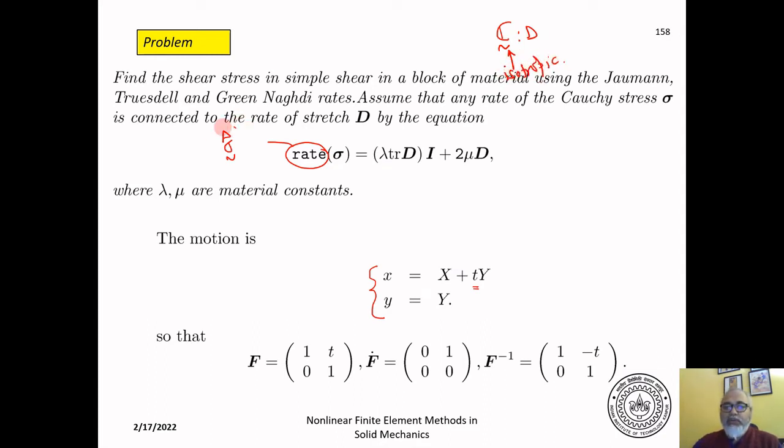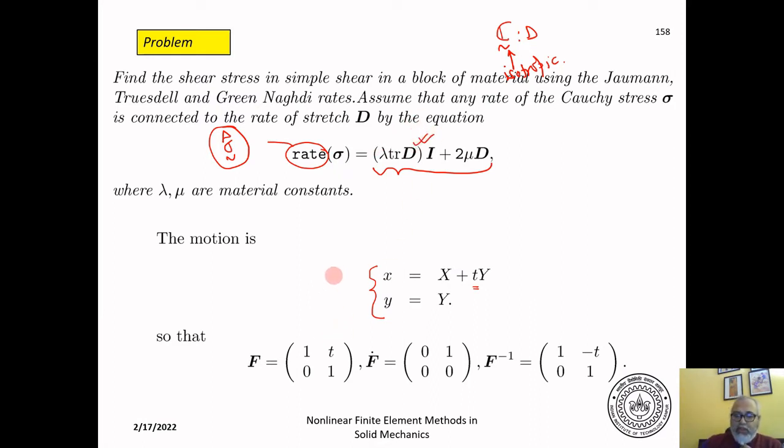And whatever rate you use here, you use the same isotropic C, so that the right hand side is the same function of D. Lambda and mu are the same constants no matter what rate you use here, Jaumann, Green-Naghdi, or Truesdell. Okay, so let us see what this yields.